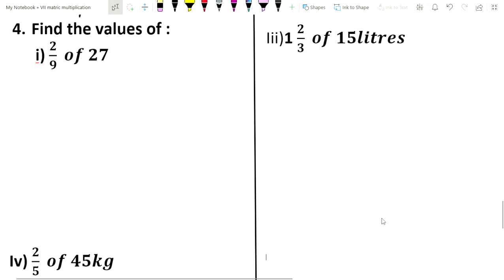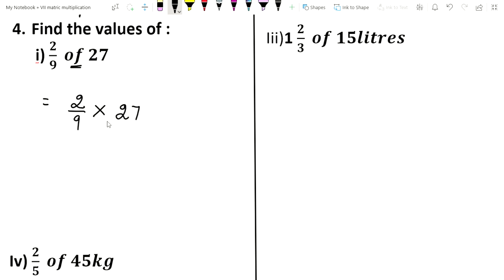See the next one. Find the values of 2 by 9 of 27. Here operators are used. First you replace the 'of' by multiplication, you have to put into 27. After that, you check the common factors. 2 by 9, there is no common factor except 1.